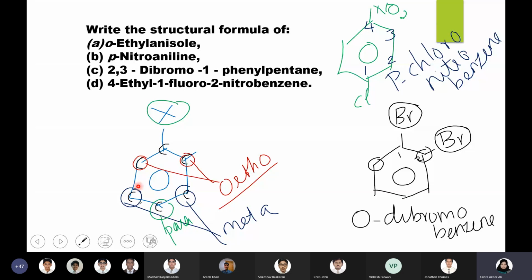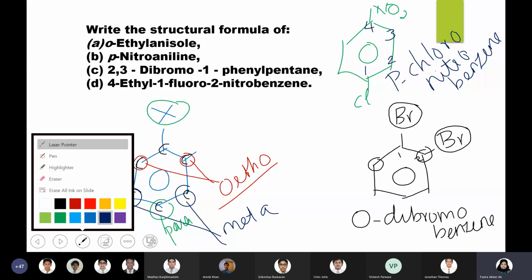These two positions which are equidistant from the first carbon, from this side it is 1 and 2 and from this side again 1 and 2, are identical, and those positions are known as meta. So there are two ortho positions, two meta positions, and there is only one para position for a substituted benzene. I hope it is clear. Any doubt in the ortho, para and meta naming?